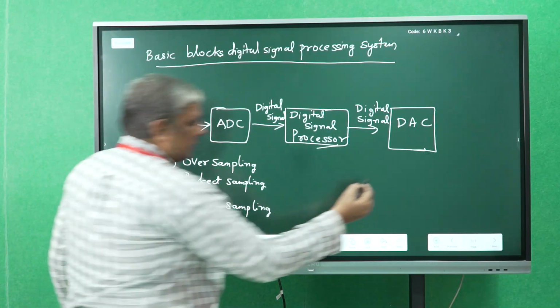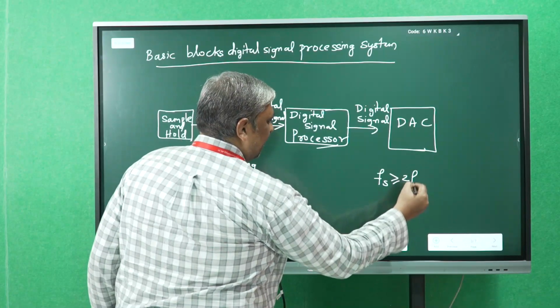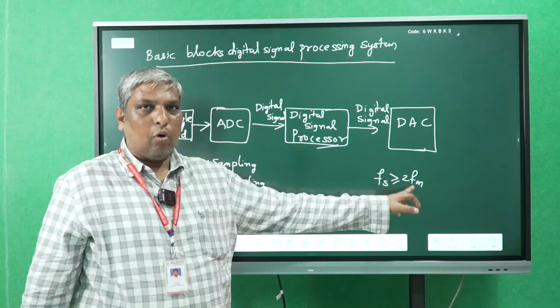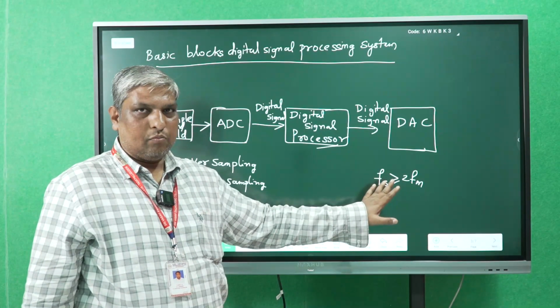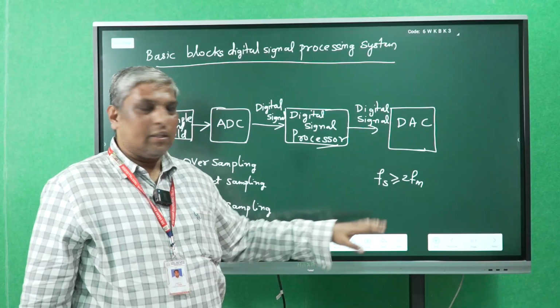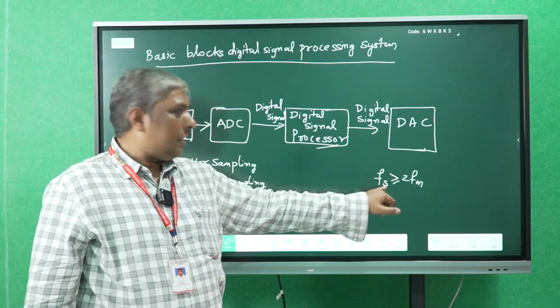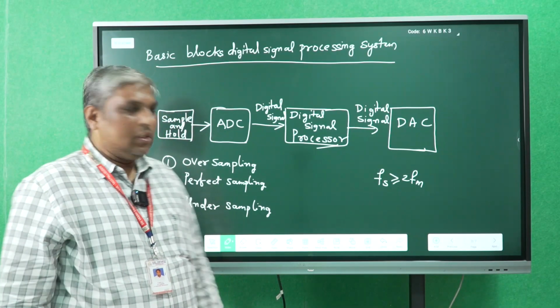Basically, the sampling theorem states that the sampling frequency must be at least twice the value of the modulating signal frequency. This is the concept of the sampling theorem: to reconstruct the original signal from its samples, maintain the sampling frequency at least twice the modulating signal frequency.